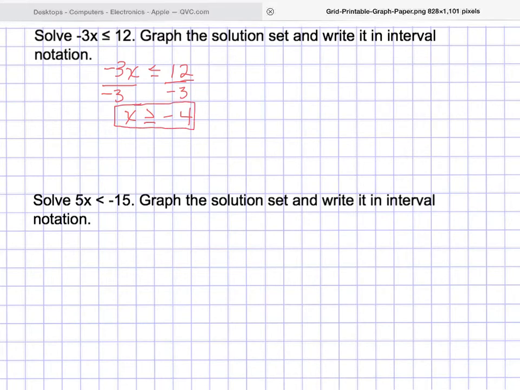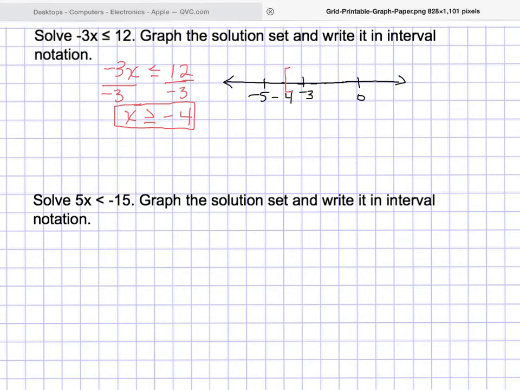Now let's graph it. I need negative 4 on here, so I'm going to put negative 5, negative 4, negative 3 here, 2, 1, 0 is here. So x is greater than or equal to negative 4. That equal sign there means we have to include negative 4.